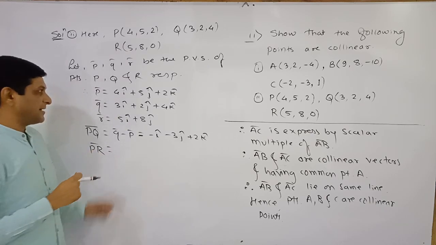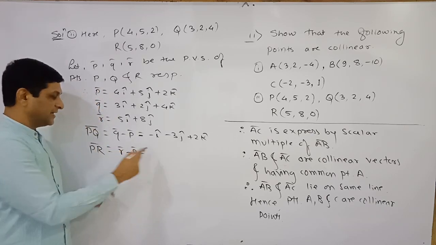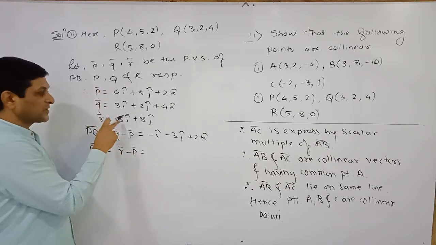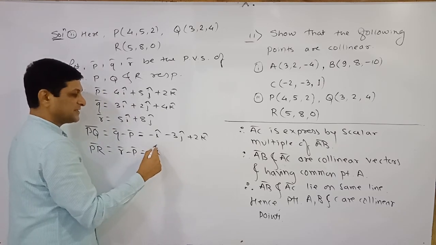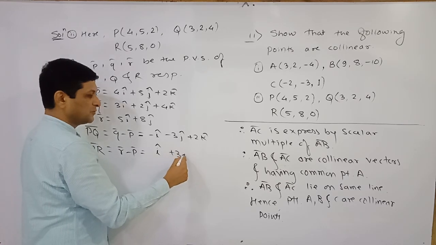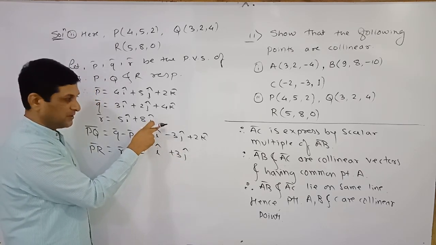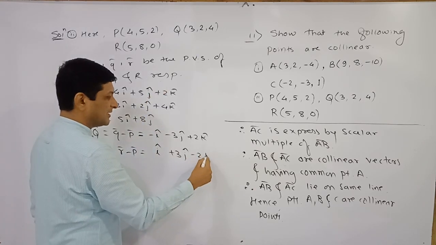Now PR bar can be found as R bar minus P bar. So R bar is also known, P bar is also known. Take their subtraction. 5i minus 4i will be 1i, means i cap. 8j minus 5j will be equal to plus 3j, and here the term of k cap is absent, means here 0k cap is there. 0k cap minus 2k cap will be minus 2k cap.